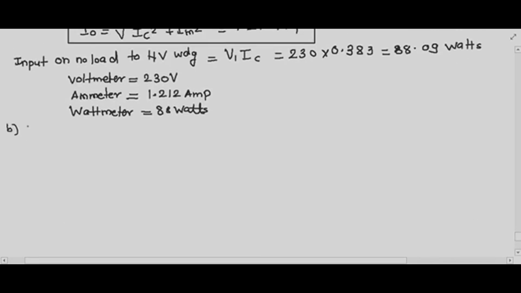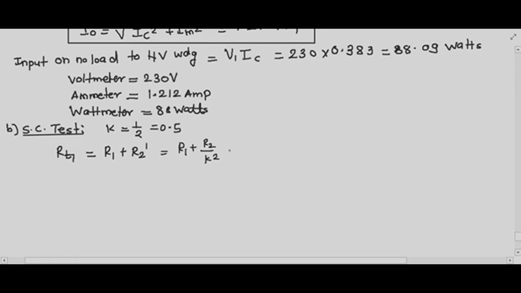Okay. Similarly, we can go for the short circuit test. So second will be the short circuit test, where we have to give the supply to the high voltage winding in both the tests. Okay. So what is your K? K is equal to 1/2, which is equal to 0.5. We have calculated. So what is RT1? RT1 is nothing but R1 plus R2 dash, which is equal to R1 plus R2 by K square.